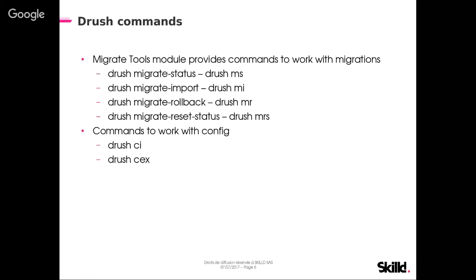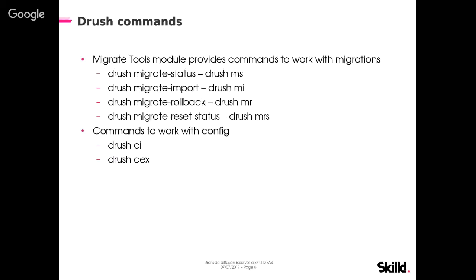There is also Drush migrate rollback. This is really useful when you are testing your imports, because you can import the content and then roll it back, change some configuration, and then import it again and again until you get the desired result. And Drush migrate reset status.